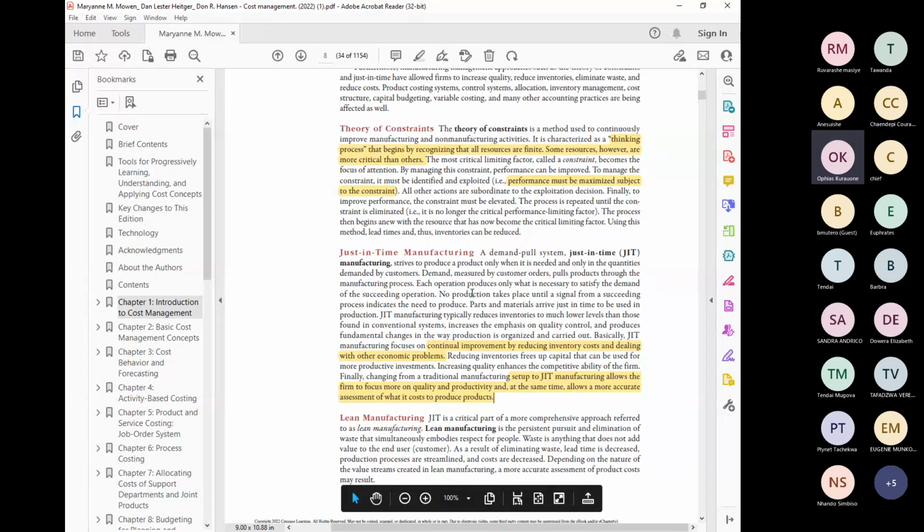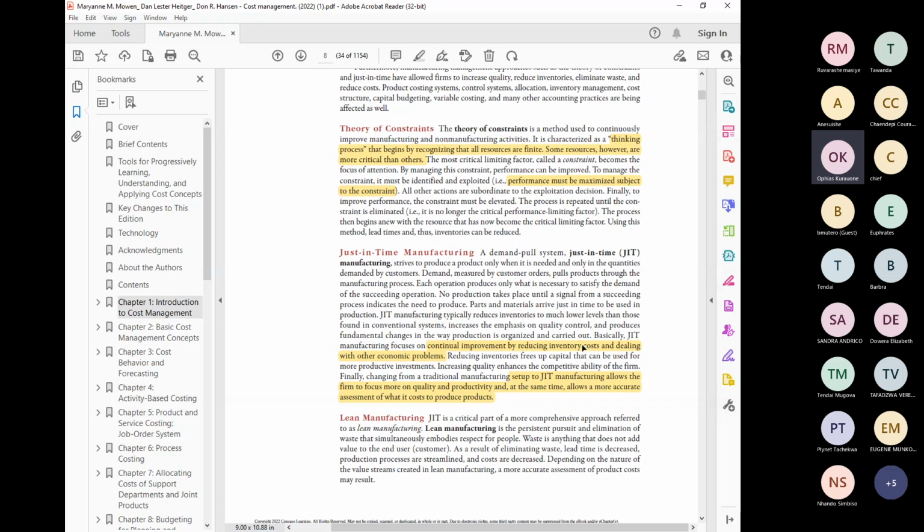So you need to understand these three critical ways: theory of constraints, just-in-time manufacturing, and lean manufacturing. Don't say we're not told. The examiner might decide to set one of these and give you a case study, then ask you, can you discuss the theory of constraints? It's a process whereby you want, at all costs, the limiting factors to cease to be limiting factors over the long term through continuous improvement.